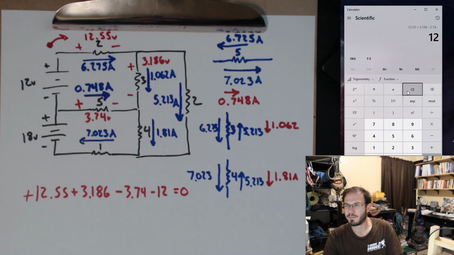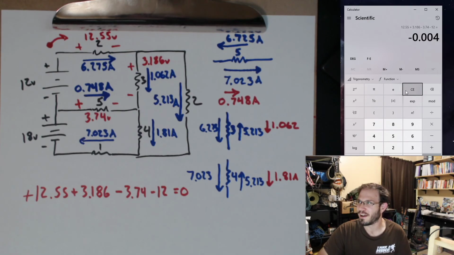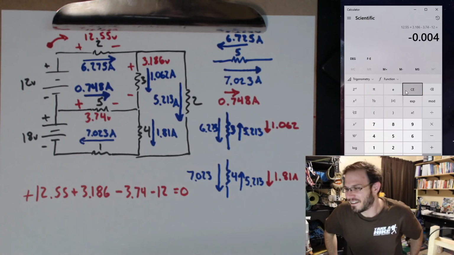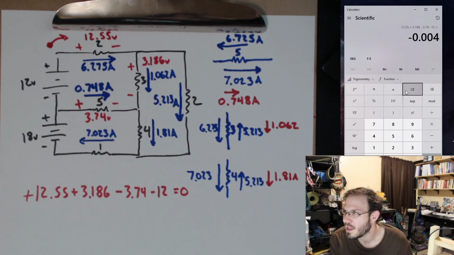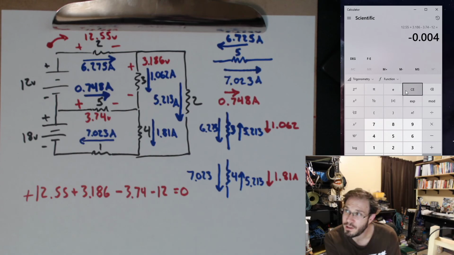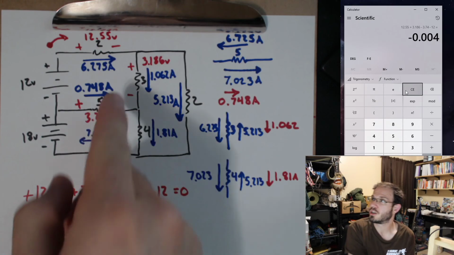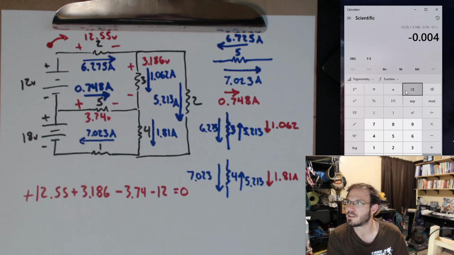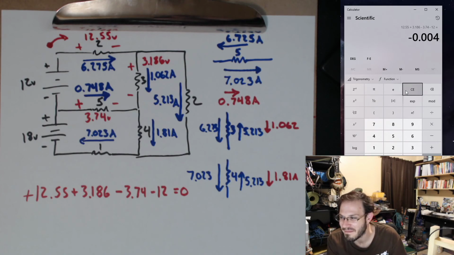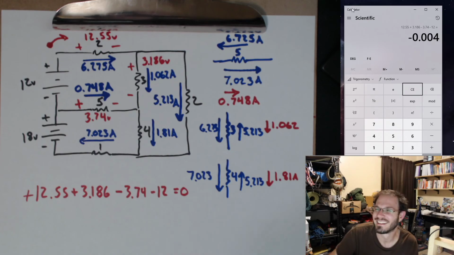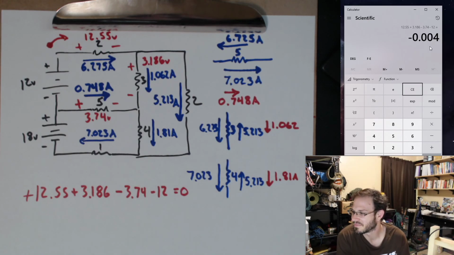And I really hope this is at least close to 0. Close enough for government work. So, yeah, we have a little bit of a rounding error. Previously, when I did these equations, I'm sure I rounded it out to 3 decimal points. Pi equals 3 situation. We're not off by that much.